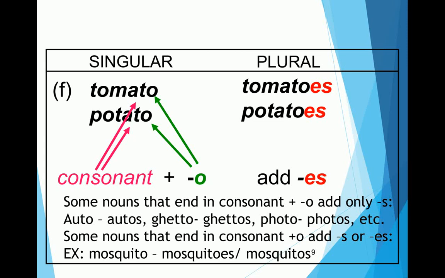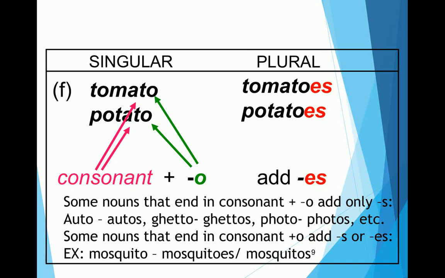Tomato, tomatoes. Potato, potatoes. Some nouns that end in consonant plus o, you can add s or es. Mosquito, mosquitoes, or mosquitos with just an s. Some nouns that end in consonant plus o, you only need to add an s. Auto, autos. Photo, photos.